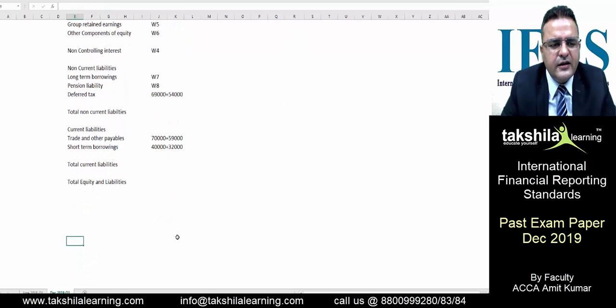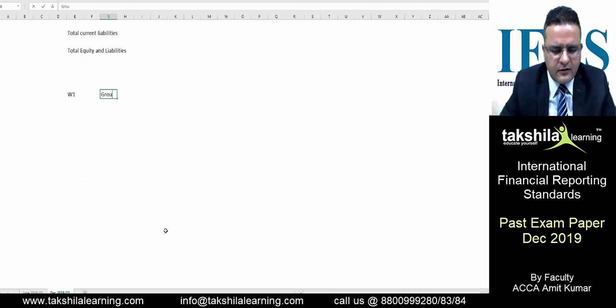Leaving some space, we can begin from working note number 1. Working note number 1 is always the group structure. Define the group structure.